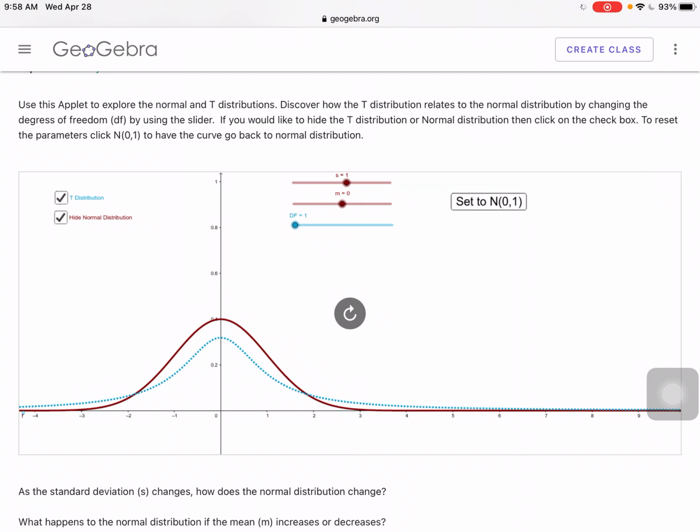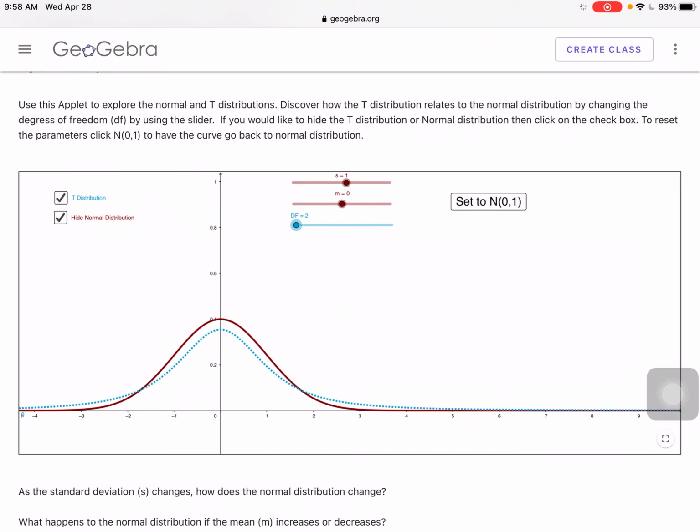So I have a little slider here, and what I can do is move this slider, and that's going to change my distribution. So I can see if I only have 1 degree of freedom, a sample size of 2, that this T-distribution is more spread out than the normal distribution.